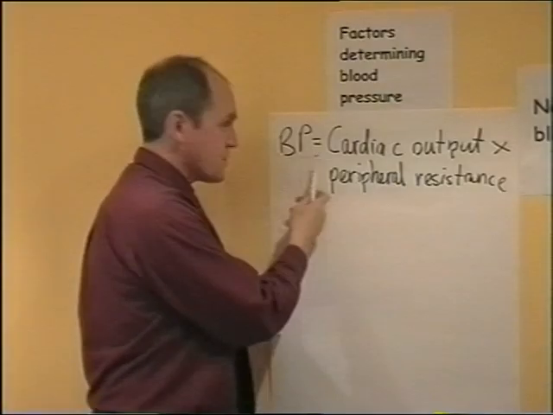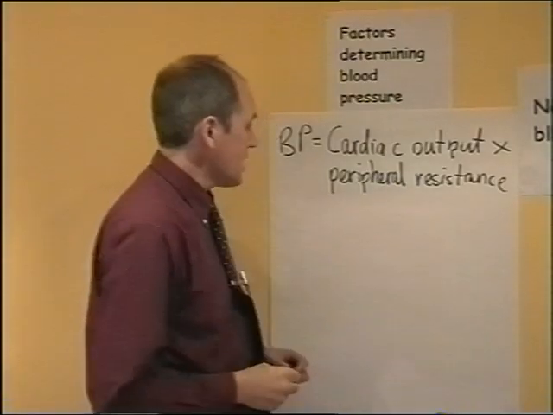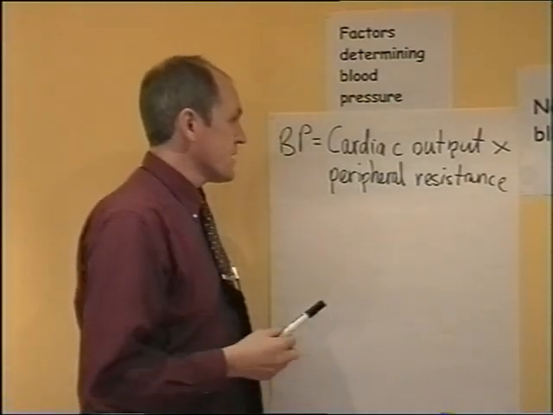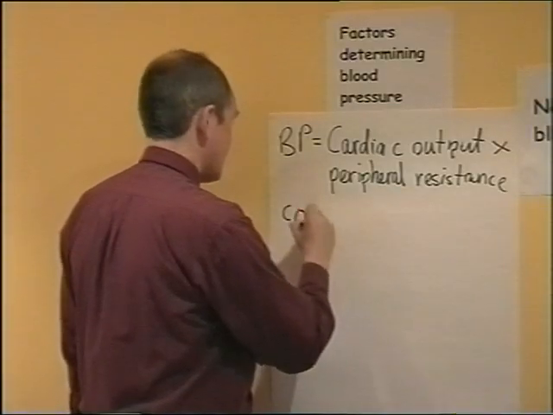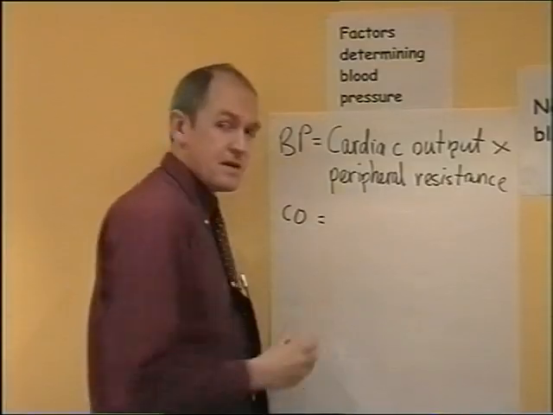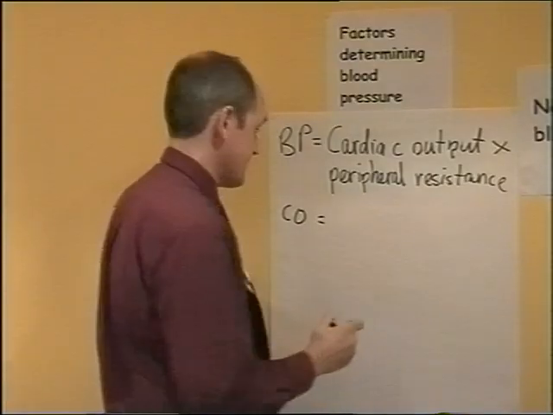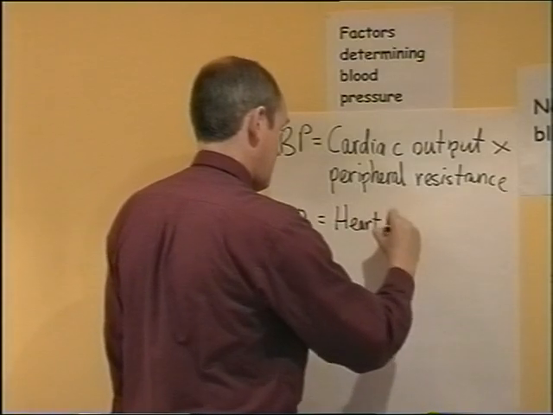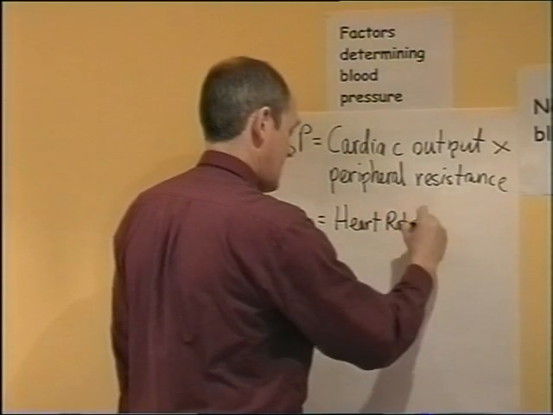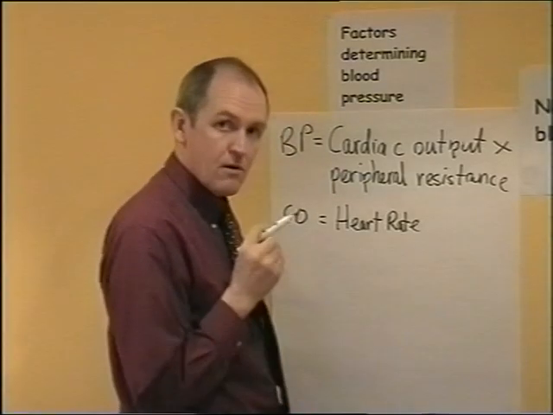So the blood pressure is equal to the cardiac output times the peripheral resistance. Cardiac output is itself equal to heart rate multiplied by the stroke volume.